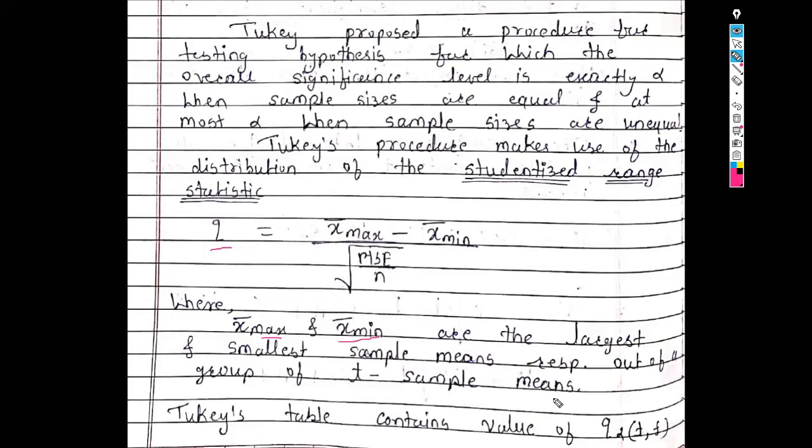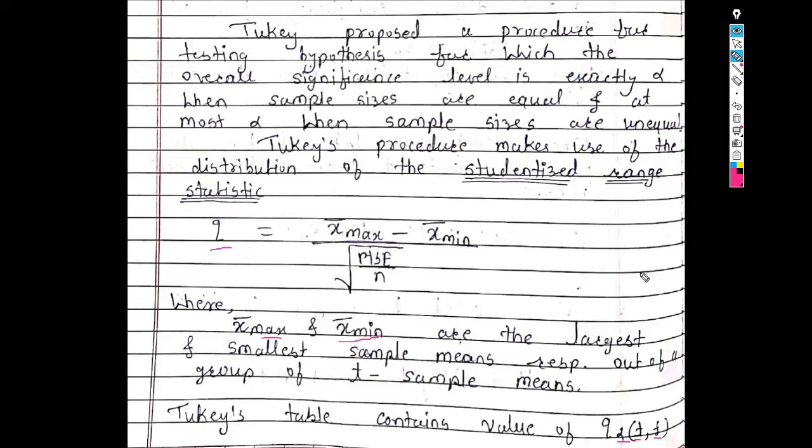Suppose we want to compare t treatments, then we find t sample means for those t treatments, and out of them these two are the largest and smallest sample means. Then Tukey's table contains values of Q alpha(t, f). Here t means the number of treatments and f is the error degrees of freedom. We know that the error degrees of freedom is capital N minus t.